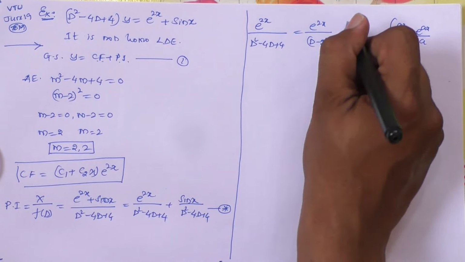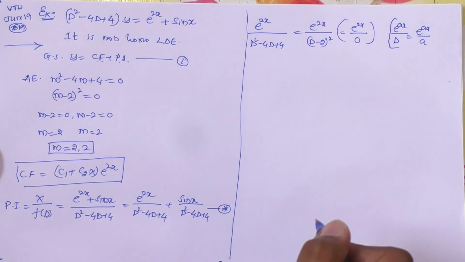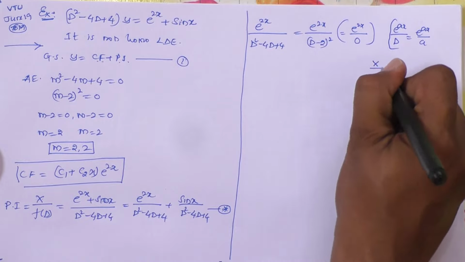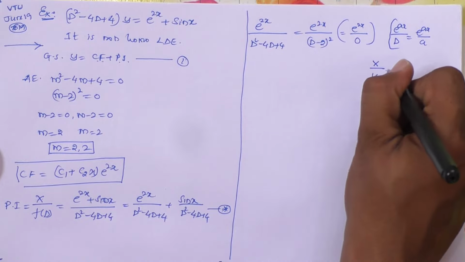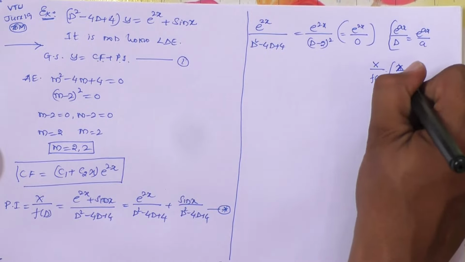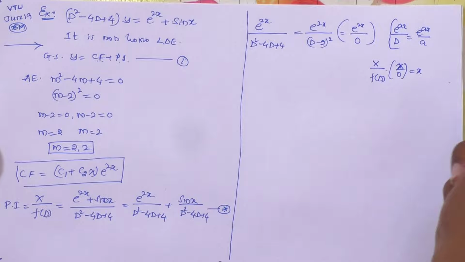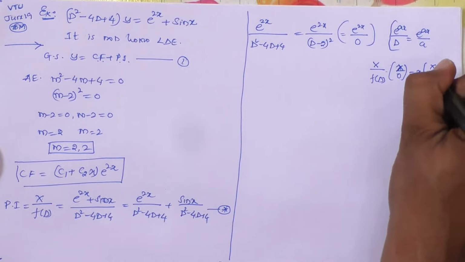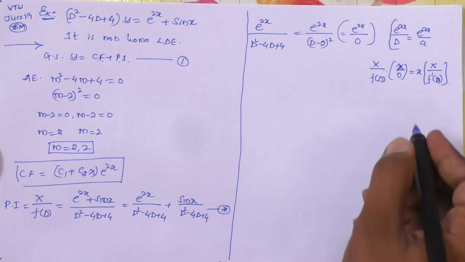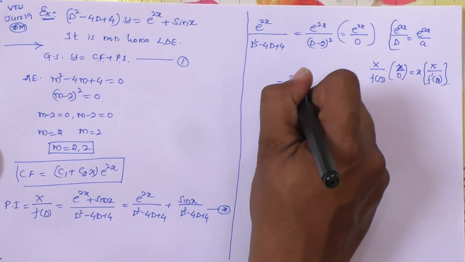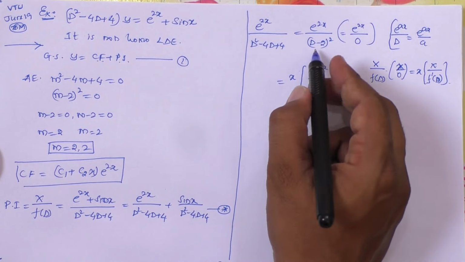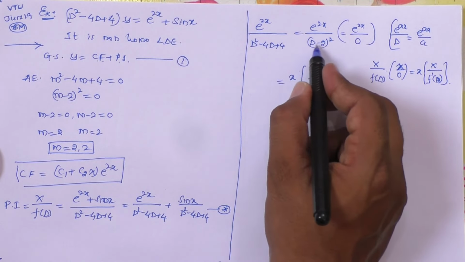So the denominator becomes 0, which is an indeterminate form. Whenever x by f of D takes the form x by 0, it can be written as x into x by f dash of D. So let us apply this result: x into e raised to 2x by the differentiation of the denominator.